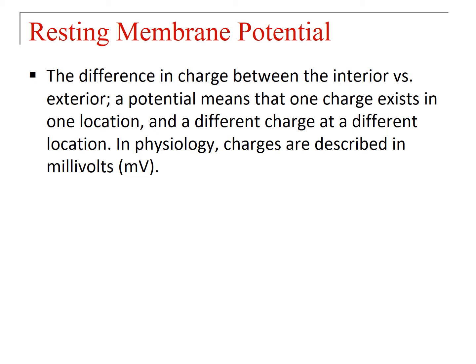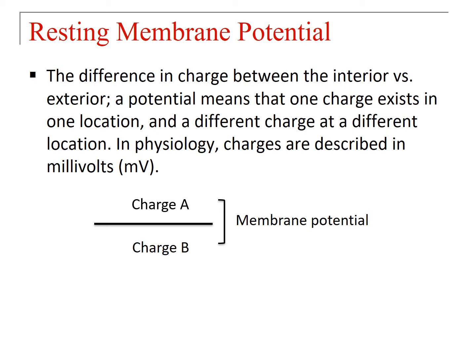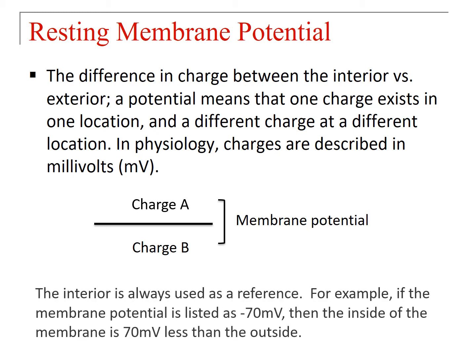Okay, so let's take a look at a little diagram here. If this is a membrane, and we're just doing it real simple right now, if charge A is on the outside of the membrane and charge B is on the inside of the membrane, well, the difference between those two charges is the membrane potential. Now the interior, in this case charge B, is always used as a reference.